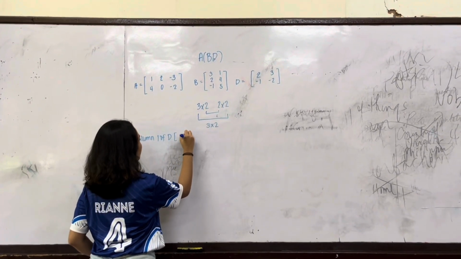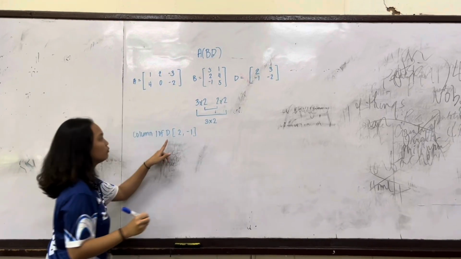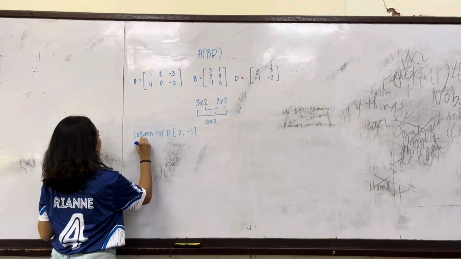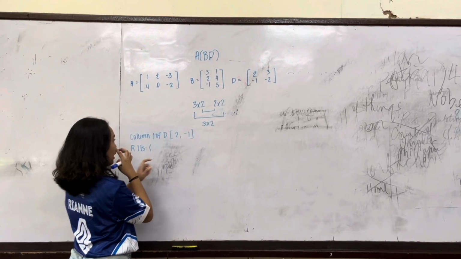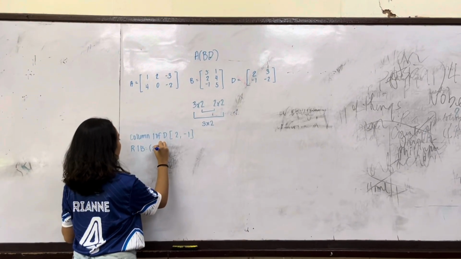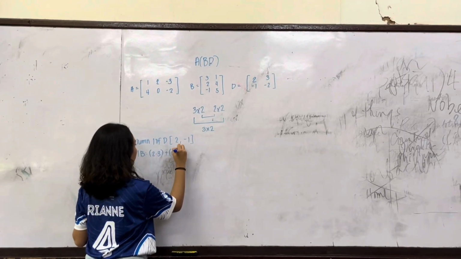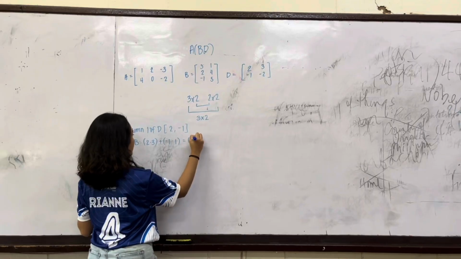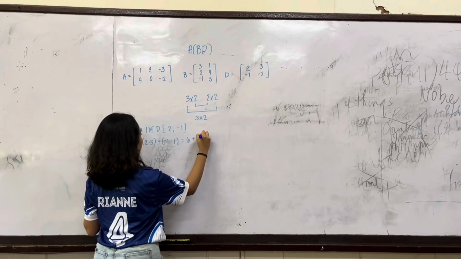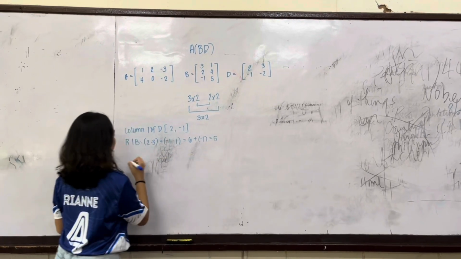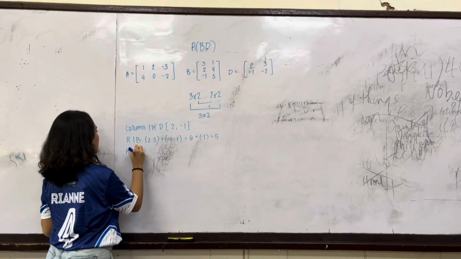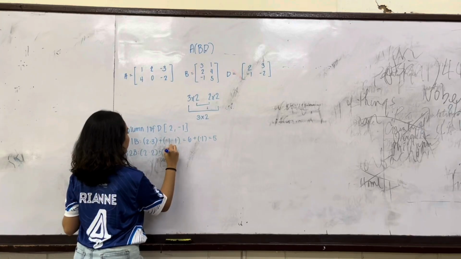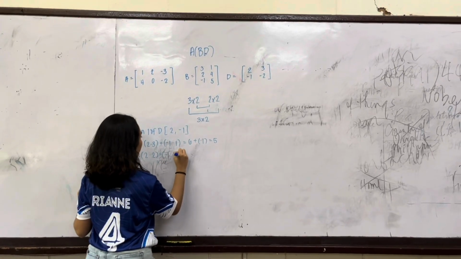which is 2 and negative 1. Then I'm going to multiply these two values by each row in matrix B. Row 1 of B, when multiplied with these two values, we're going to have 2 times 3 plus negative 1 times 1. Then we have 6 plus negative 1, which gives us 5. Next, row 2 of B, we have 2 times 2 plus negative 1 times 4.